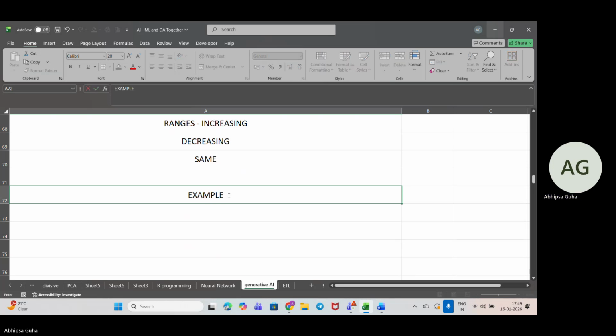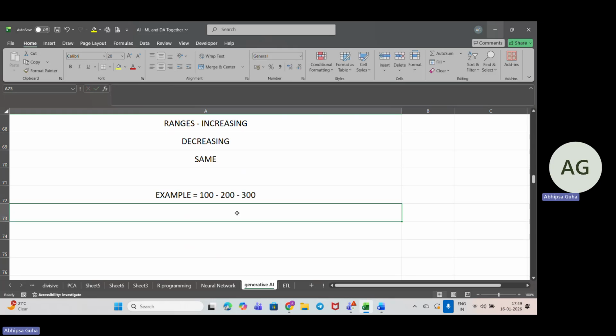Taking the same example, it goes 100, 200, 300. So the AI logic is that the numbers are going up.